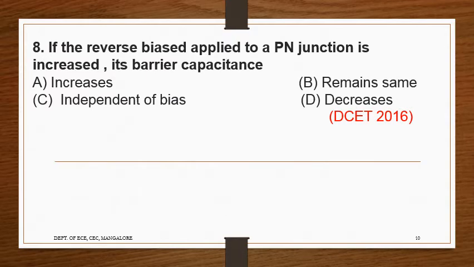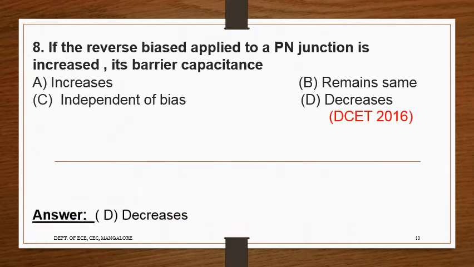If the reverse bias applied to a PN junction is increased, then its barrier capacitance should: A, increase, B, remain the same, C, be independent of bias, or D, decrease.